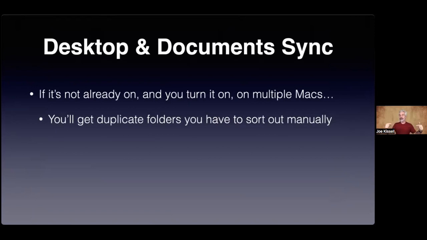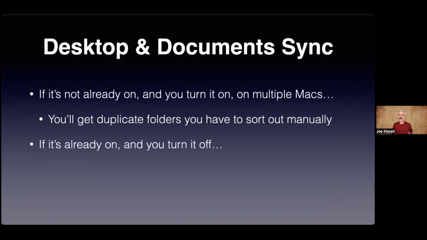They're not syncing with each other. So if your goal is to get everything on Mac A to sync with Mac B in the Desktop and Documents folders, that doesn't happen automatically. You can make it happen, but you have to manually go to those two folders and sort out the duplicates and cross-pollinate them the way you want them before that happens. Instructions in the book, okay?